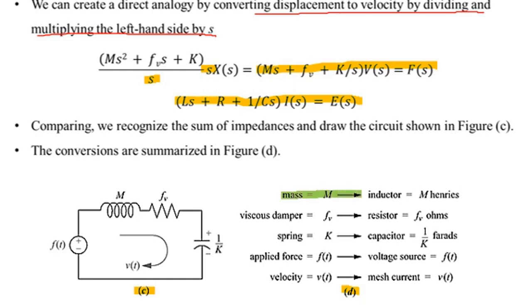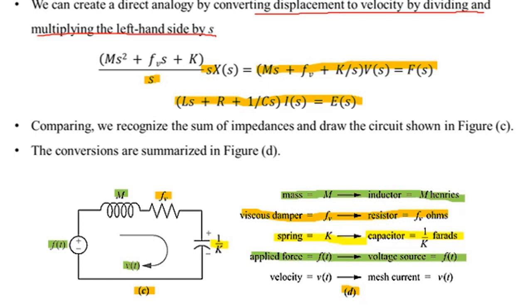In this, mass M is represented by an inductor, so their analogous behavior is the same. A viscous damper f_v is represented by a resistor. A spring is represented by a capacitor with capacitance equal to 1 over K farads.